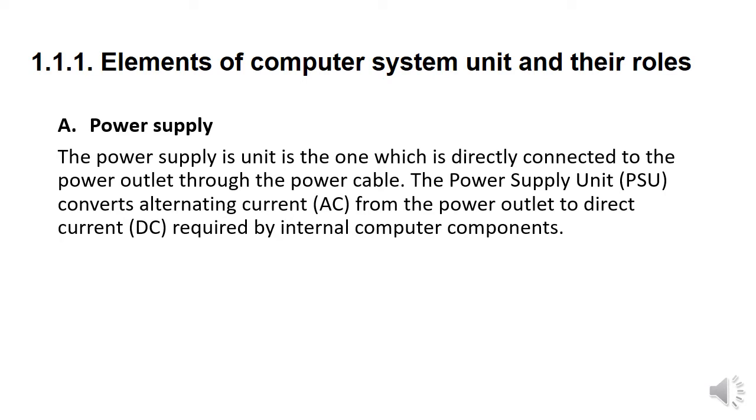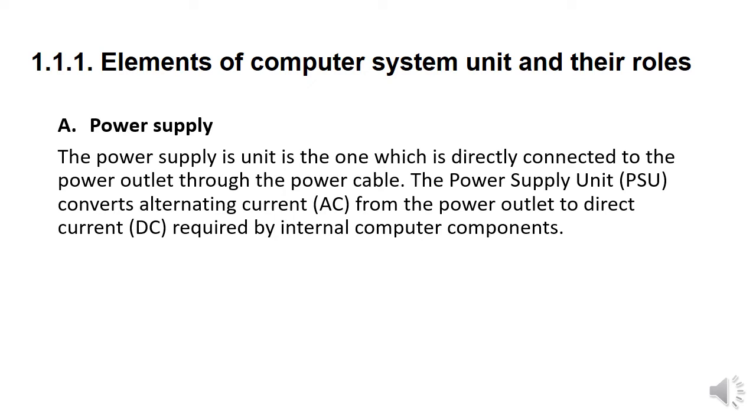The power supply unit converts AC current or alternating current from the power outlet to the direct current required by internal computer components. Some internal computer components need DC or direct current to perform their operation.